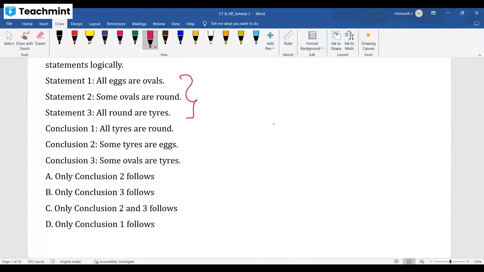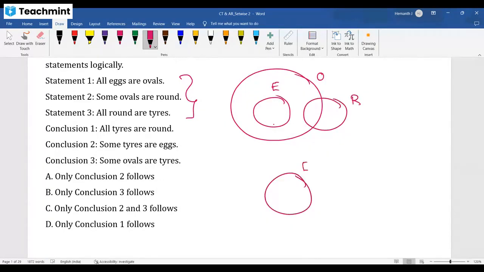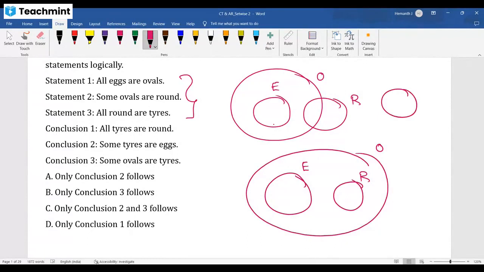Right, check once. All eggs are ovals. Some ovals are round.